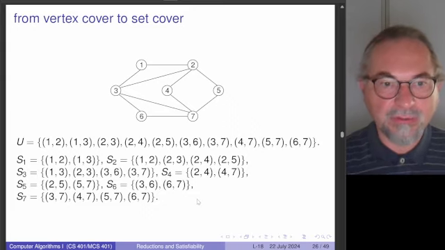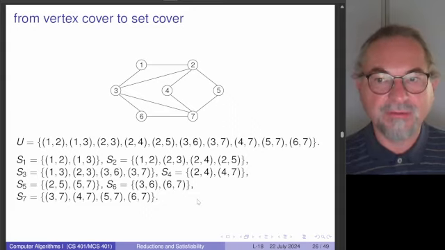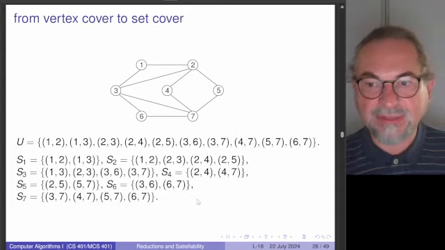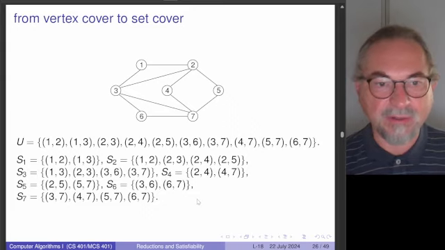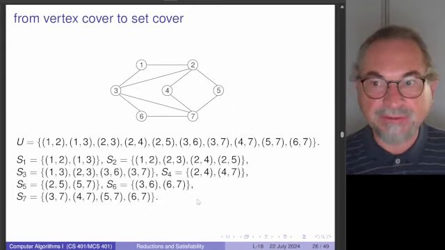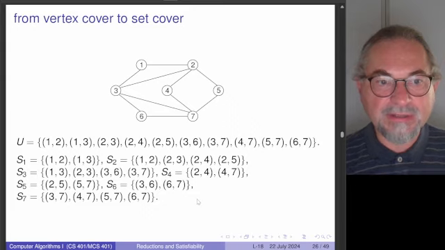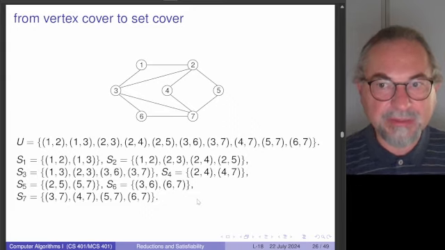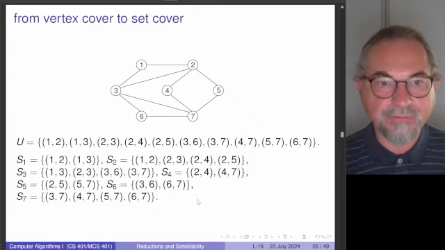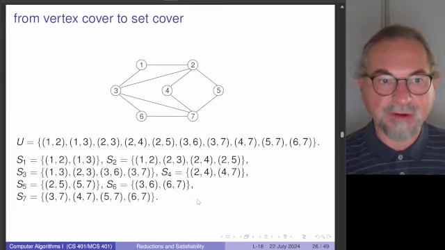S2 has degree 4, so the set S2 has cardinality 4, etc. I have 7 subsets for the 7 vertices. This is how you set up the input for the set cover.